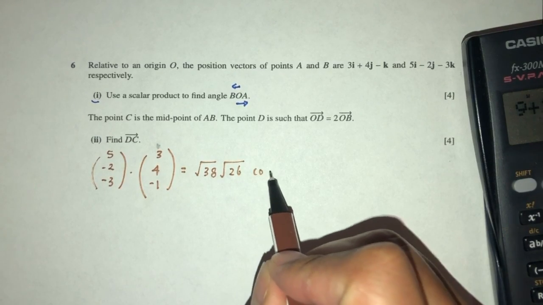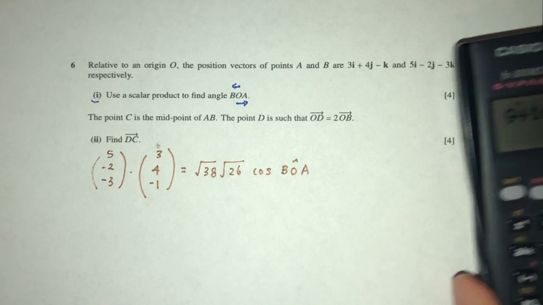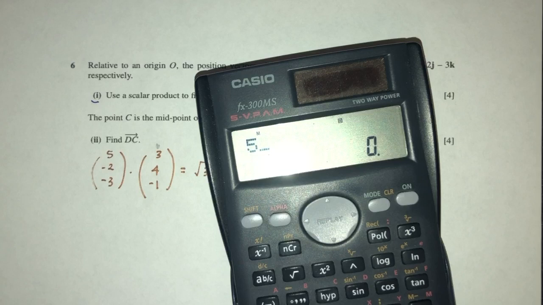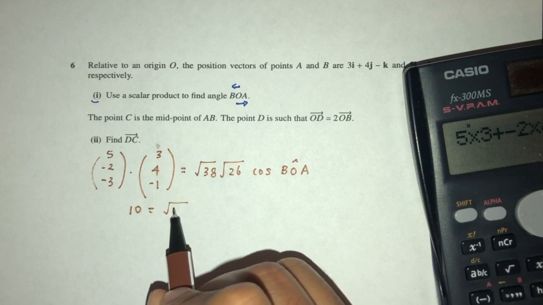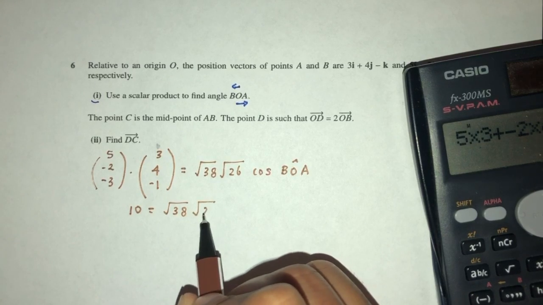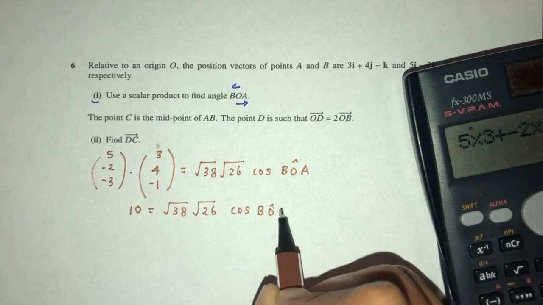And then cos of the angle BOA. Simplify. 5 times 3 plus minus 2 times 4 plus minus 3 times minus 1. That should be 10. So 10 is equal to root of 38 times root of 26, cos of the angle BOA.